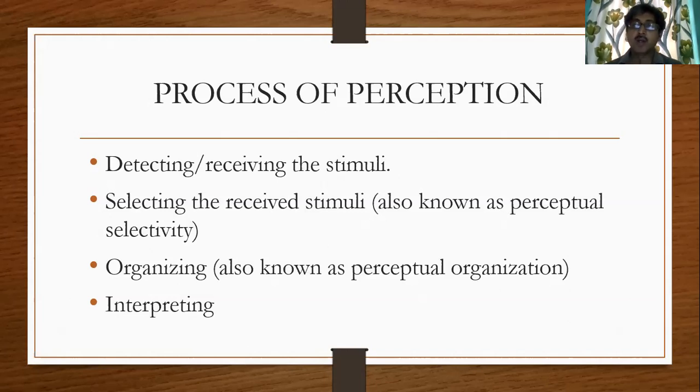Now you have to organize: perceptual organizing or organization. What you are doing basically, you have multiple instances, multiple cases since your childhood, you are receiving this kind of external stimuli at different points of time in your life. Now you have to have a proper organization, a proper coordination between all.